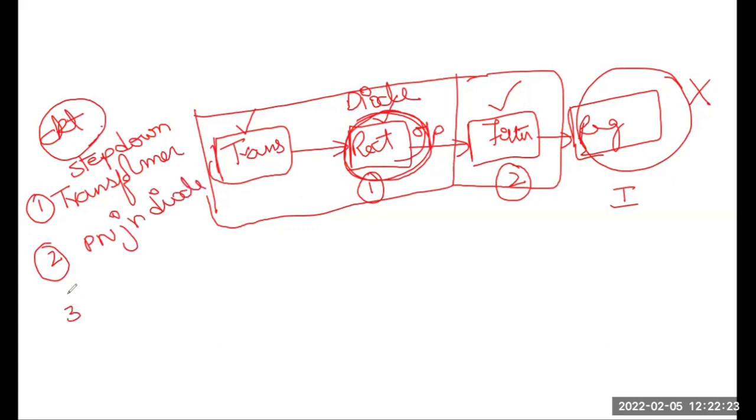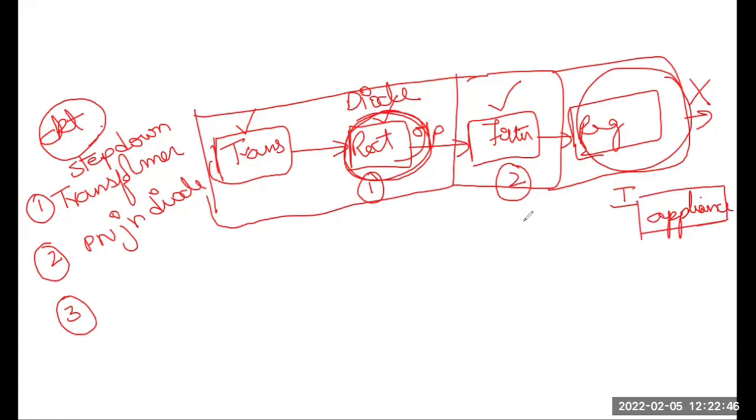The third important component is the load, because the output of all these interlinked blocks should finally be delivered to what? To an appliance, right? In a real time application, we give the final output to an appliance. But since we are studying it theoretically, we cannot connect an appliance.